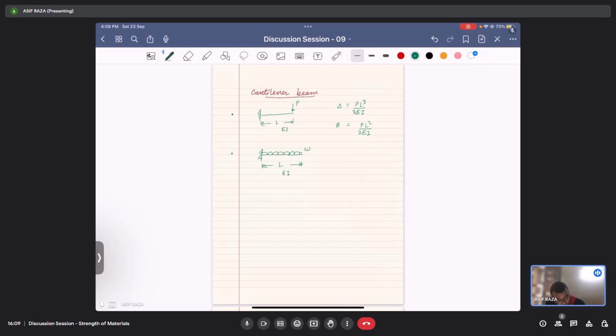In this case, the deflection is equal to WL4 upon 8EI, and the slope is equal to WL cube by 6EI.